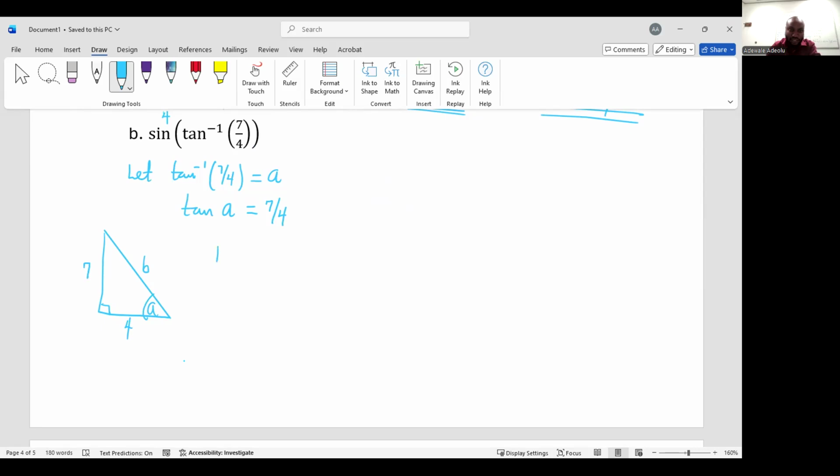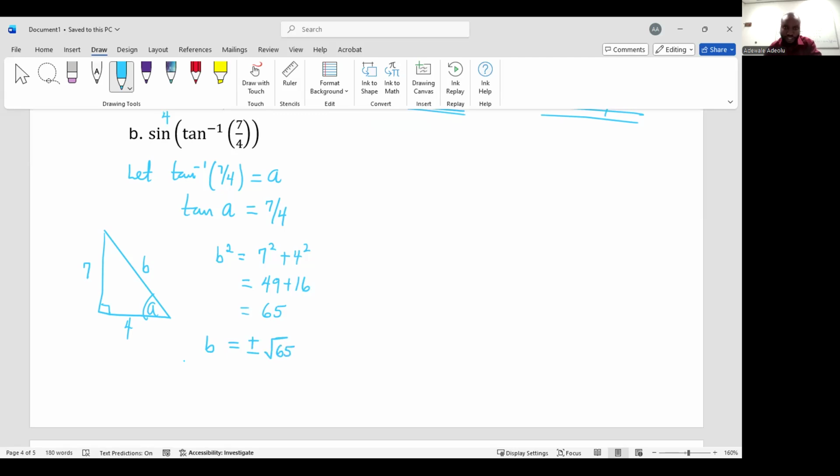So from Pythagoras theorem, B squared equals 7 squared plus 4 squared, which is 49 plus 16, which is 65, I believe. And B is plus or minus square root of 65.